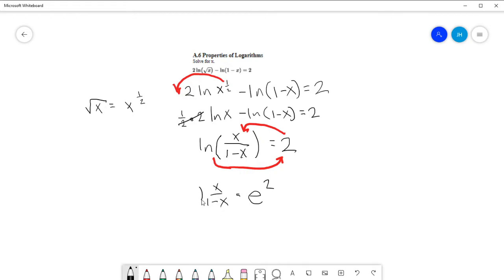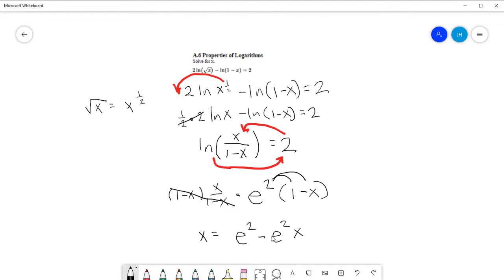So I'm going to multiply both sides by 1 minus x. And that's going to cancel out here, right? So now we have x equals, let's distribute. So it equals e squared times 1 is e squared, minus e squared times x is e squared x.